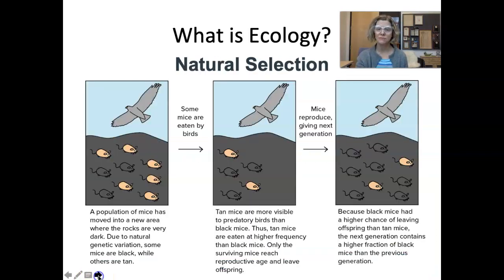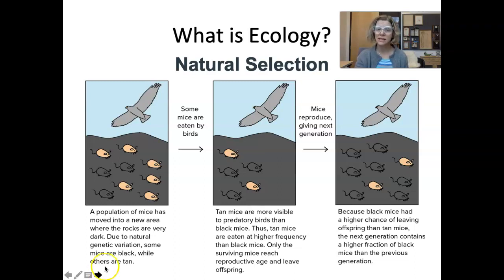Now, what is the mechanism for that? The mechanism that drives evolution, at least most of the time, is natural selection. And this is an example of a natural selection event. Here we have this predator, and the predator is feeding on mice or attacking mice. So we have some of these mice eaten by birds.